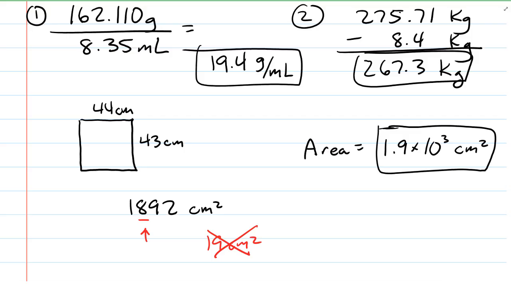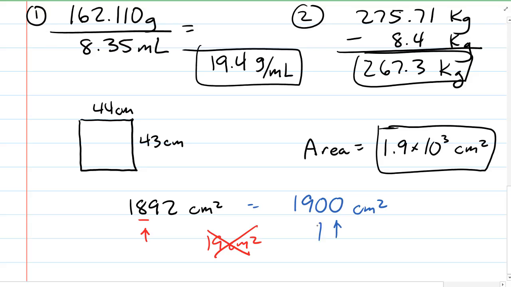If we see the 1900 though as an answer, 1900 centimeters squared, we still don't know whether these zeros that are trailing are significant or not because this number has no decimal place. So if we want to clarify then if any of these zeros, trailing zeros are significant or not, then we do need to put it into scientific notation and we write it like this.